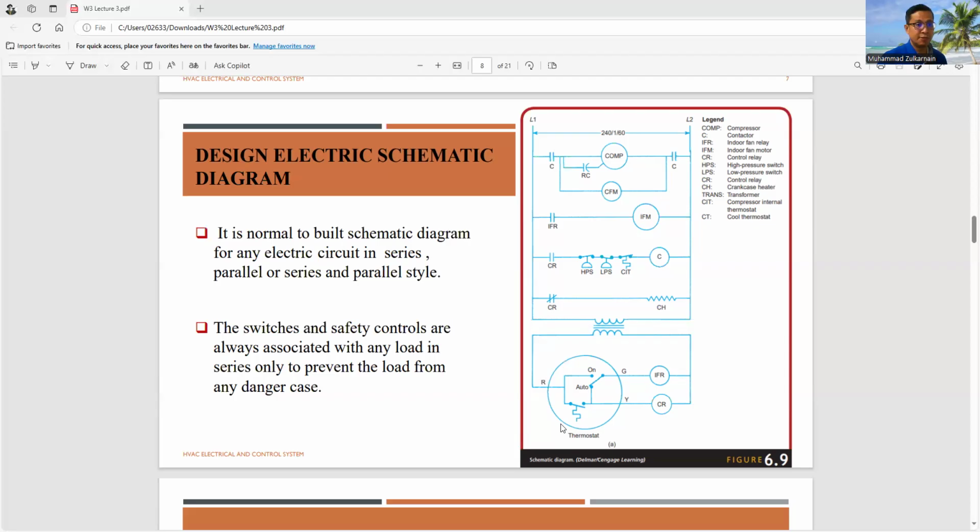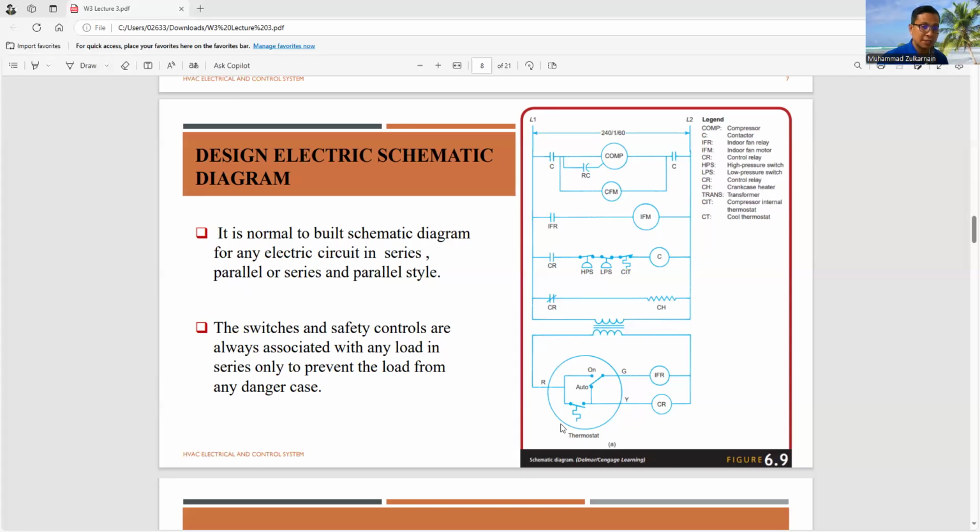You can see from the figure, we have a combination of parallel and series. We have a series in the compressor system, a series in the indoor fan motor, and also a series in the compressor contactor, and then we have a CR here, a control relay.